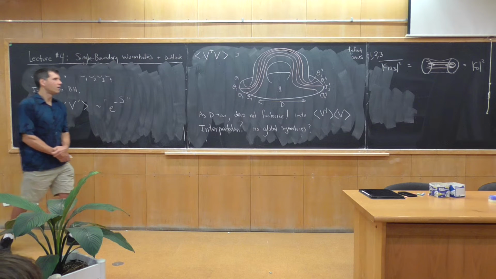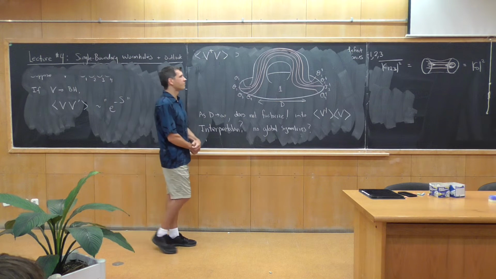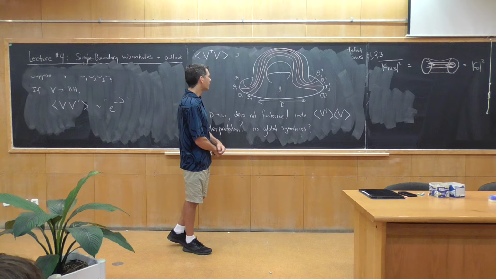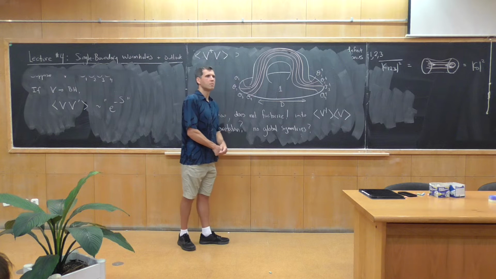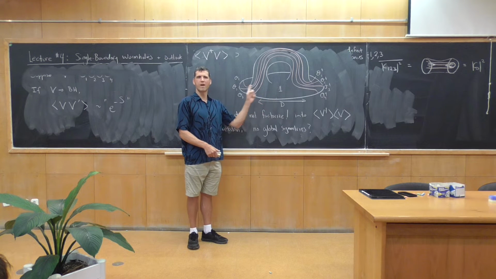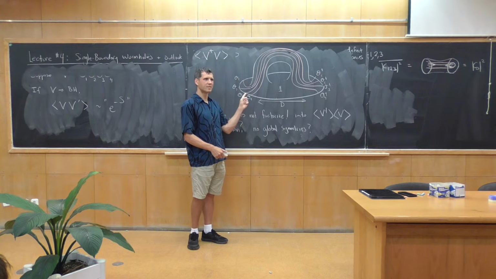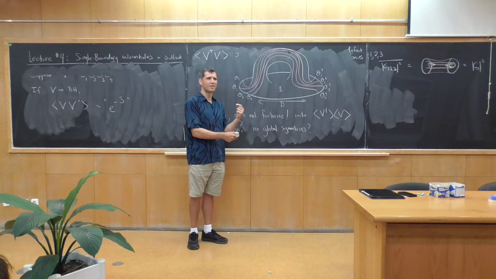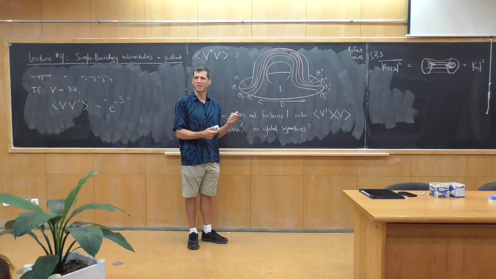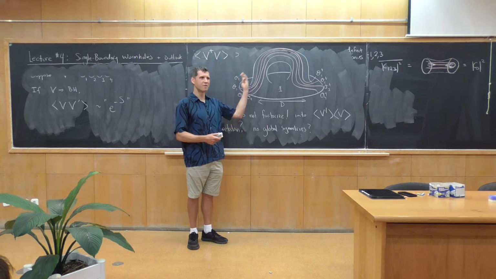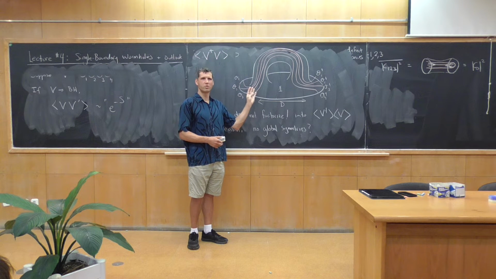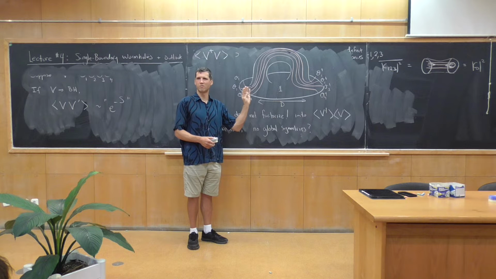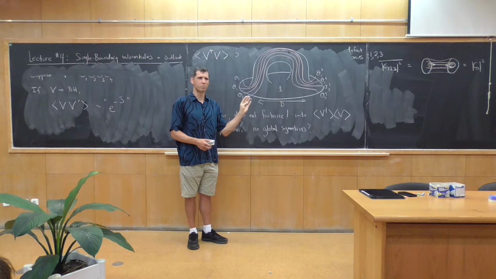So, I guess one point I wanted to make here was that although I'm drawing these pictures in 3D gravity, and I've taken some sort of exotic example model here where we have these heavy defect operators and everything, I think what I'm saying here is probably totally generic and doesn't really require this particular model.